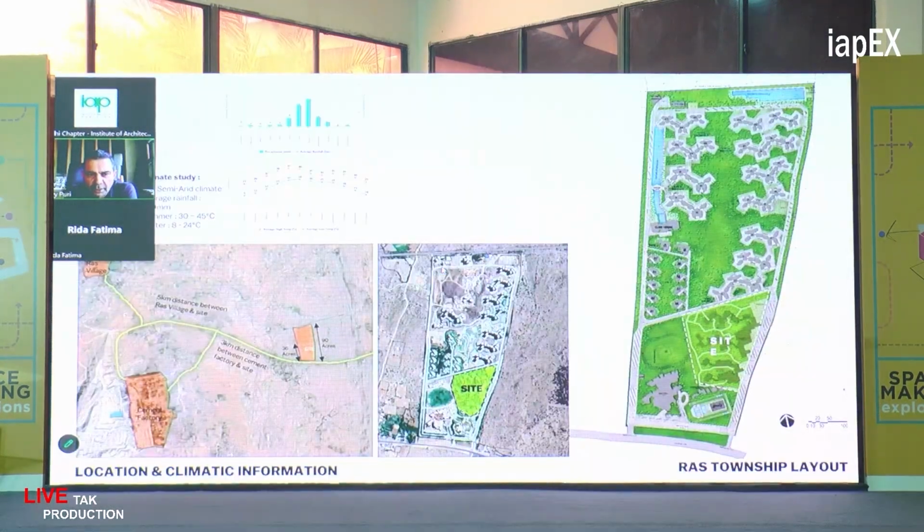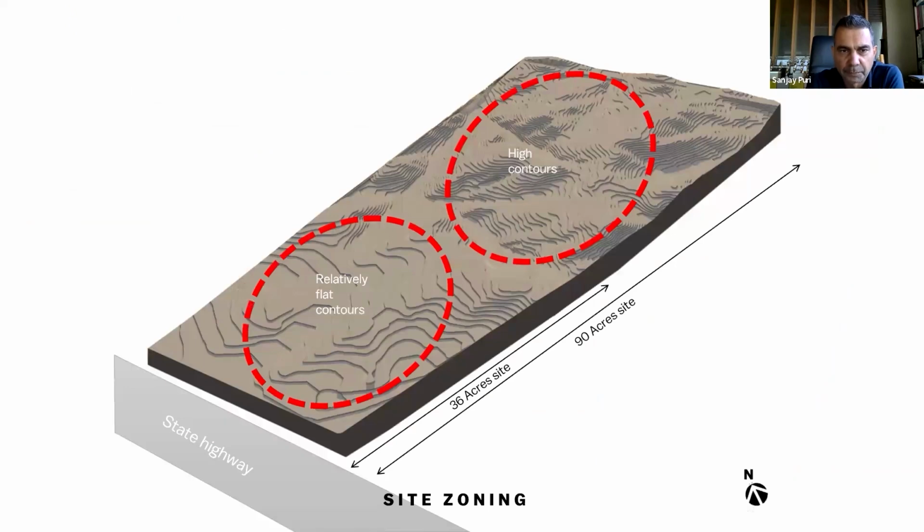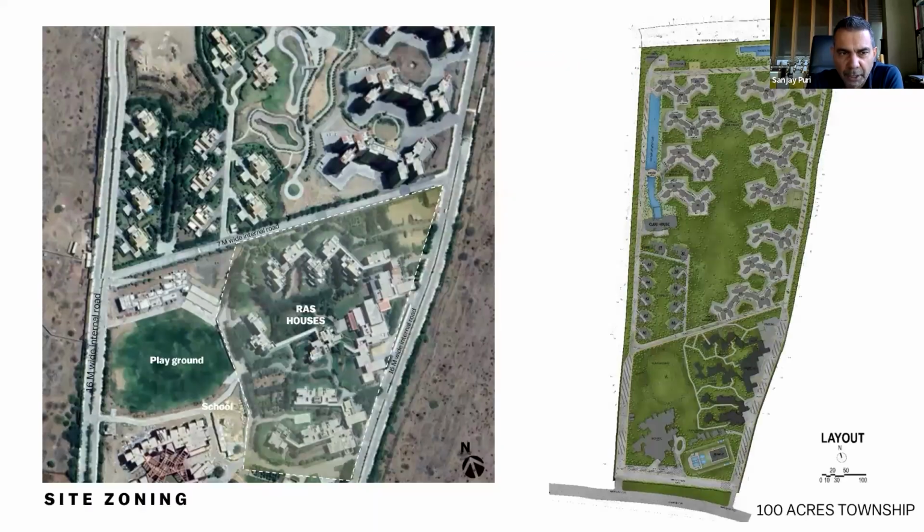So the entire site is 100 acres, and within this site, in the yellow marked space, is where we located this low-level housing. The site as a whole has a contour difference of about 16 meters, with some portions high and some portions low. And the frontal portion is the public area, and this is a Google image of the housing as it was done.